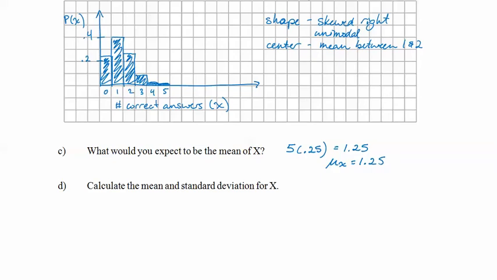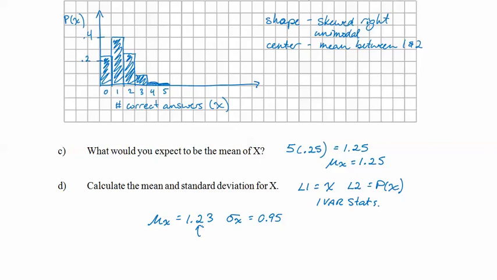So now we're going to calculate the mean and standard deviation for x using the calculator. And so we are going to put into L1 the values of x, and into L2 the values of the probability of x. And we're going to use 1-Var Stats, and we will end up with the mean being 1.23 and the standard deviation of 0.95.